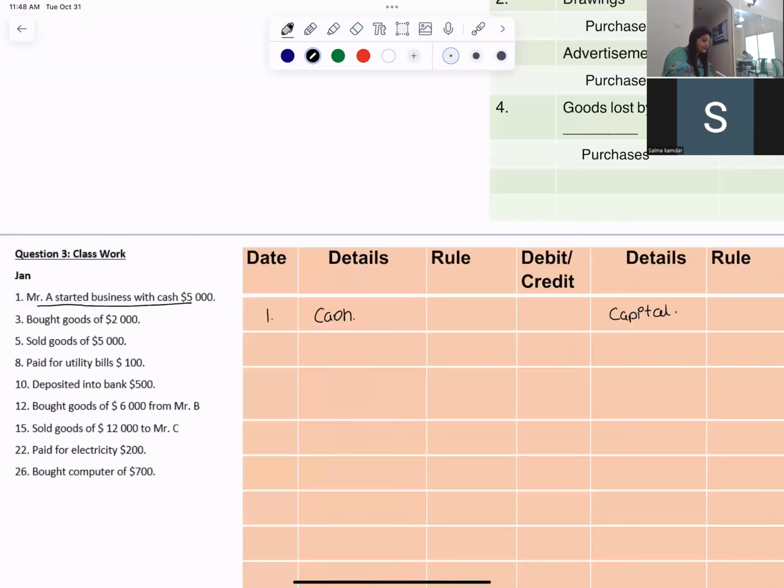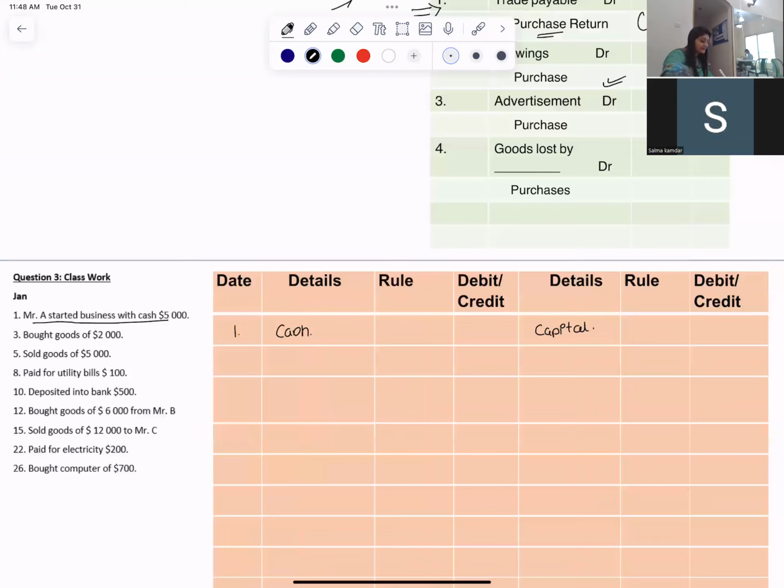What about the cash? Cash comes in the business. Cash account is a real account. What is the rule of the real account? The money is coming into the business, so it is debited. Next one.